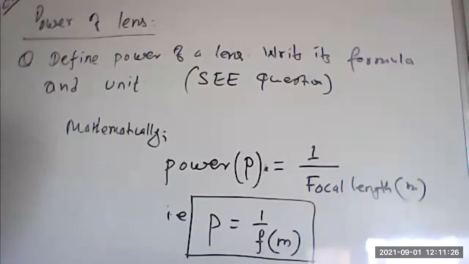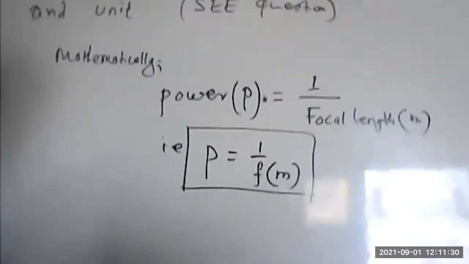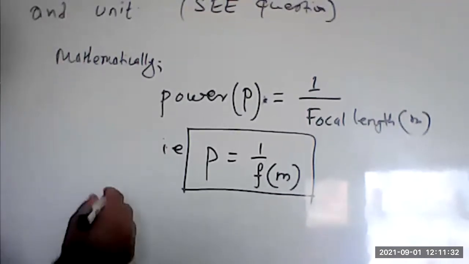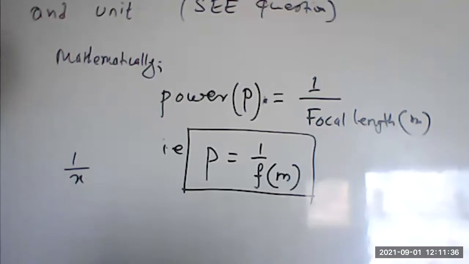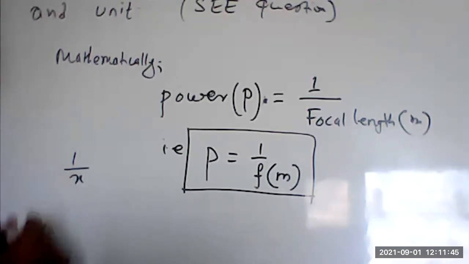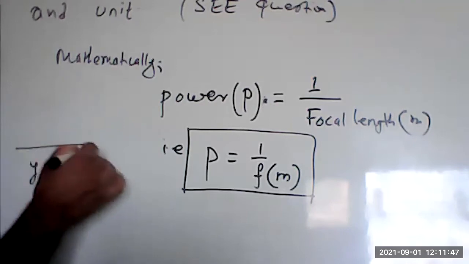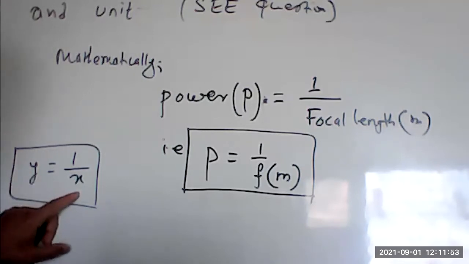Look at here, reciprocal. What is reciprocal? What does that reciprocal mean? Look here, 1 by x. 1 by x is reciprocal of x. For example, if y is equals to 1 by x, if we write here, what do you call this? y is reciprocal of x.